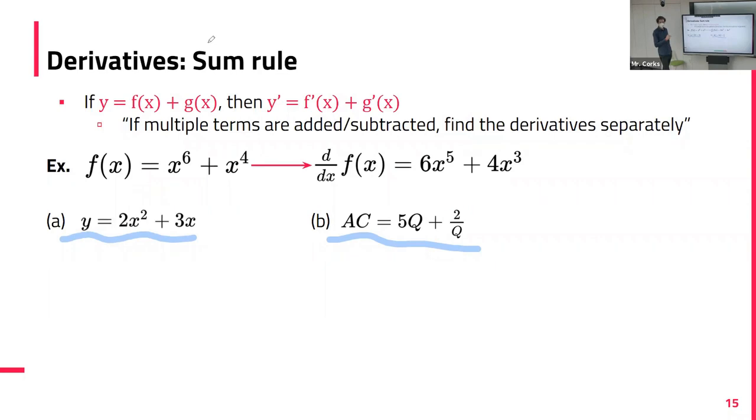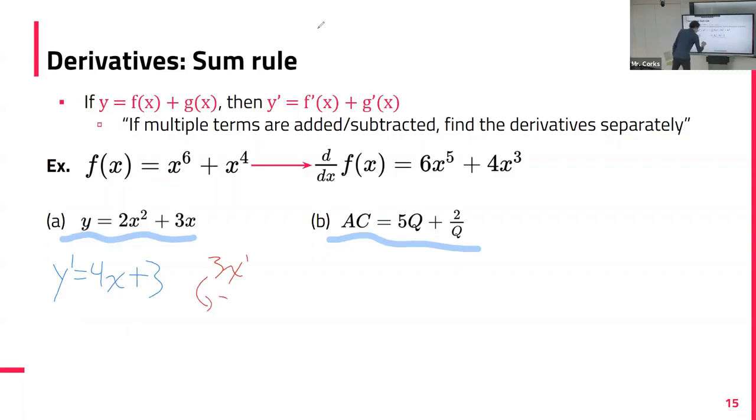Are we ready? Okay, so what's our first one? Y prime equals 4x plus 3. So the x is disappearing here. So if we had 3x, our derivative, then we always have a little exponent of 1 there.